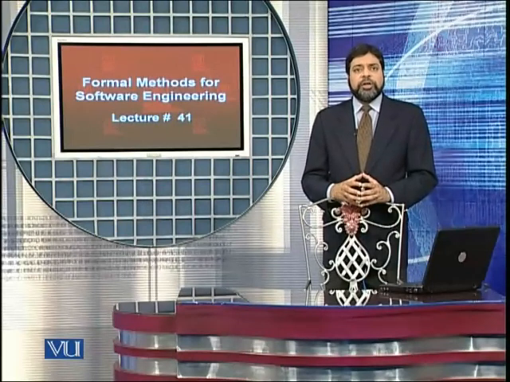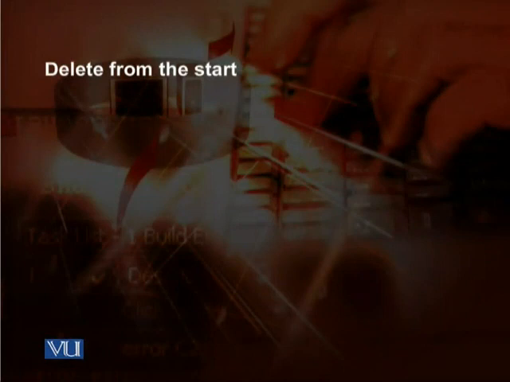So let us go back onto the slide and look at the specification for the rest of the operations. The next operation that we have is the operation for deleting an element from the chain. Delete, once again, has three cases.